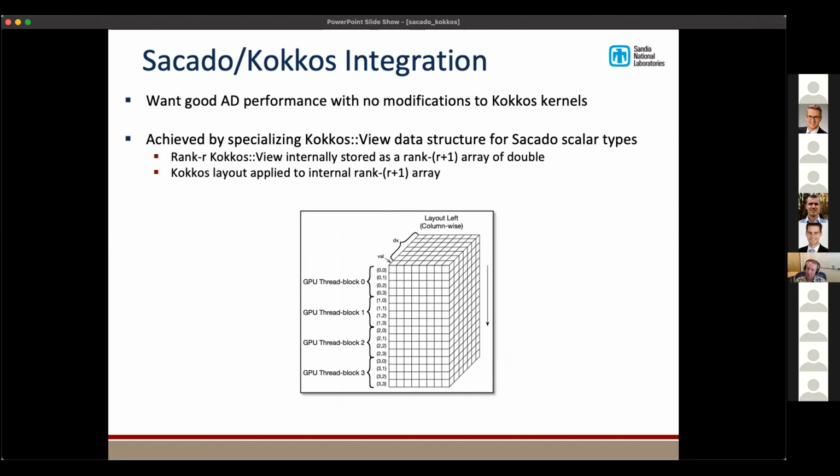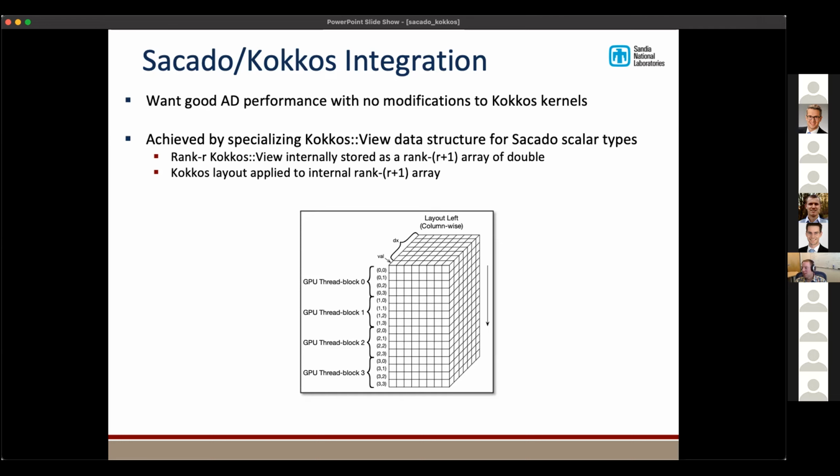The first approach is the simplest, and its basic premise was we don't want to change the kernels in any way. Ideally, you take exactly the same kernel that you used for your non-differentiated code, and you differentiate it with Sacado with zero changes apart from changing the scalar type to a Sacado type.